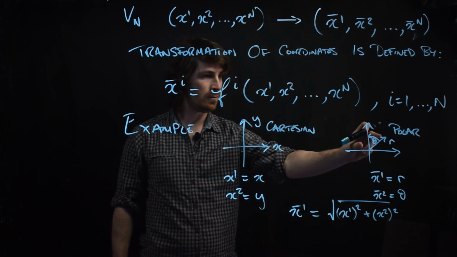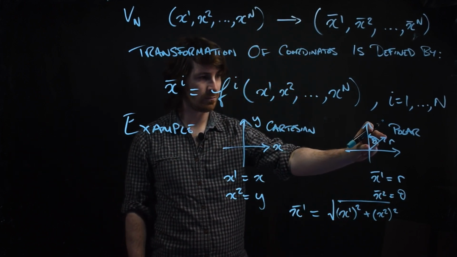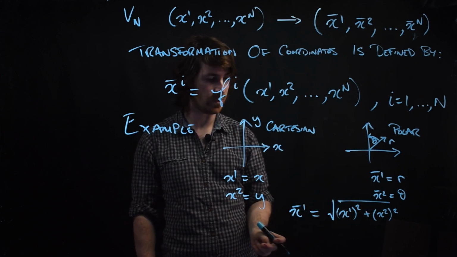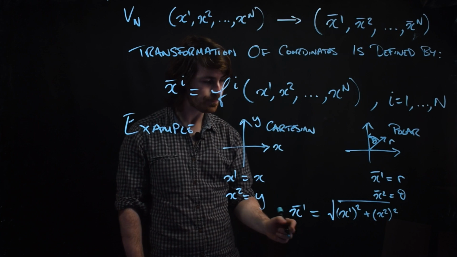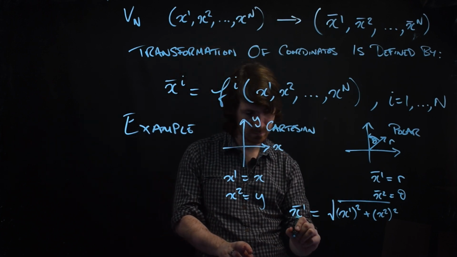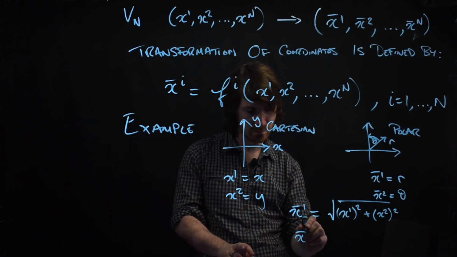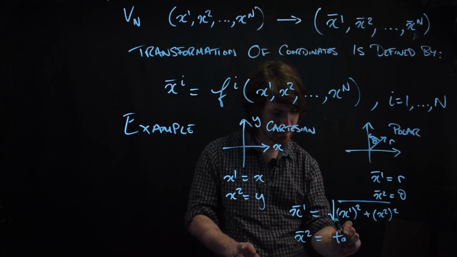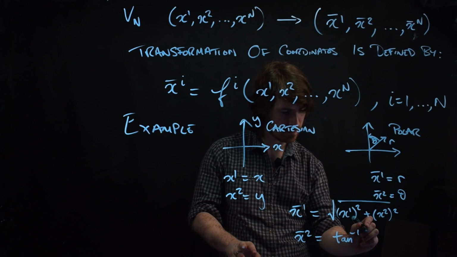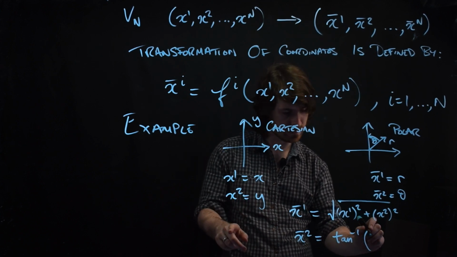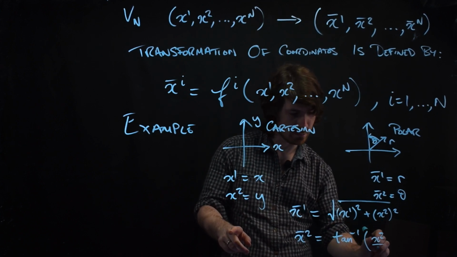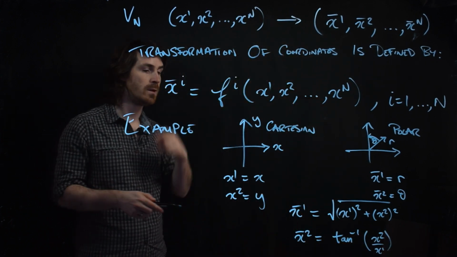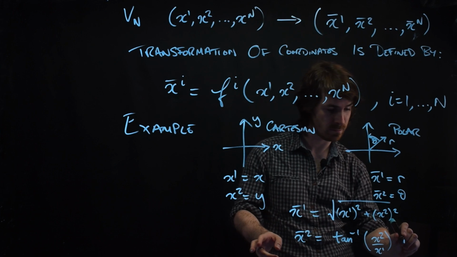Okay, so the radius here, so the length of this line, is just the square root of x squared plus y squared. And our theta, which is our x2 bar, is just the inverse tan of y over x. So this is x2 over x1. Modulo pi, I guess.